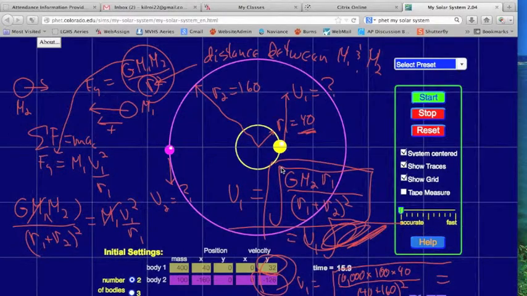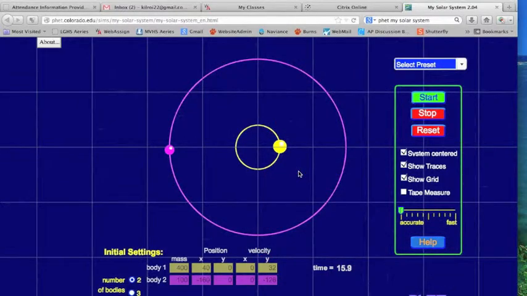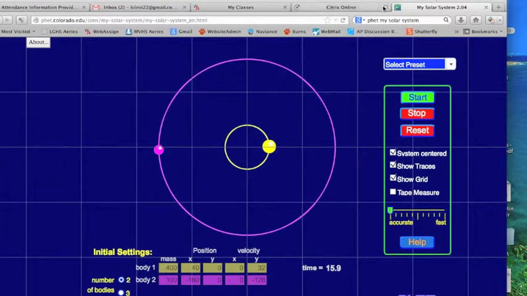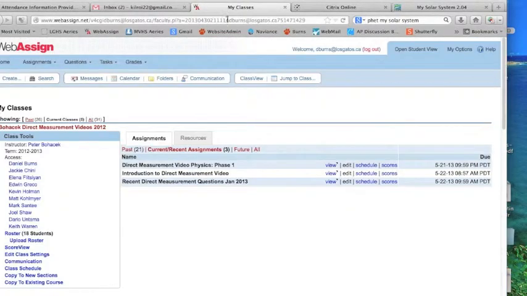So we're going to move on to activity 7. If you want a capture of this, take one now. I will point out something real quick here. If you go to my website, www.lghs.net, I have more help for this stuff online.